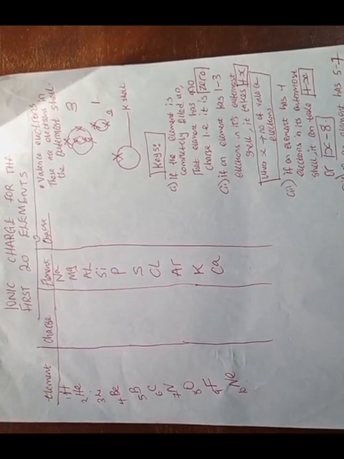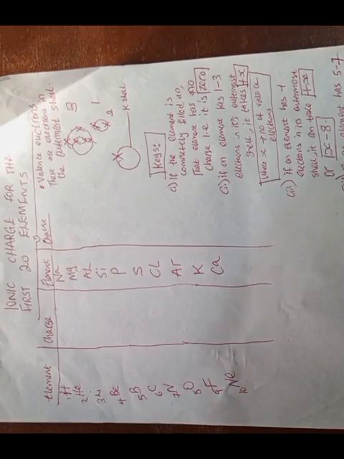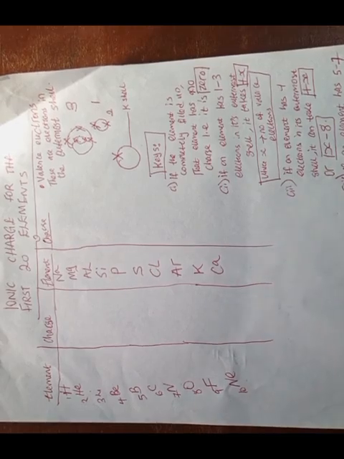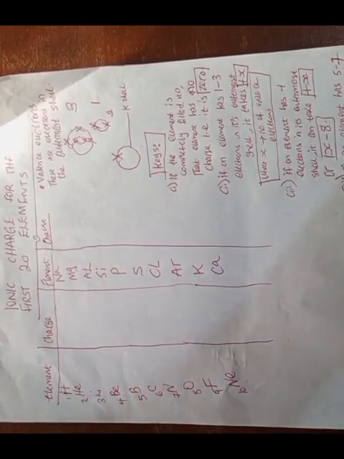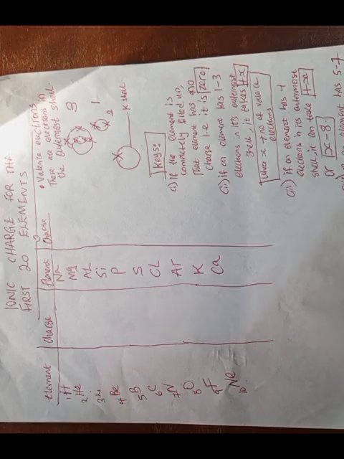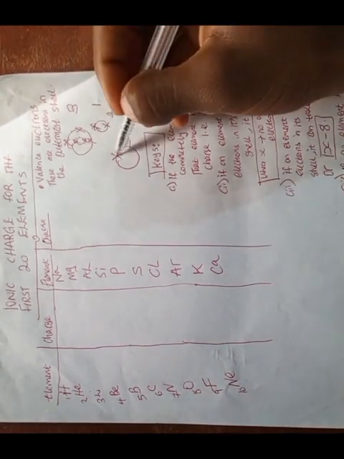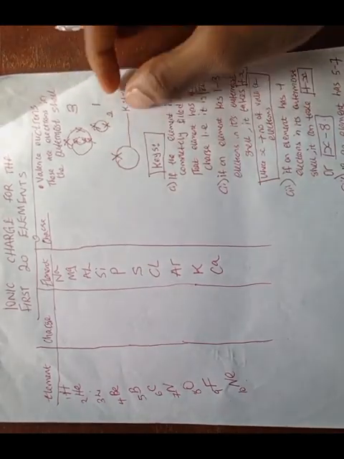Alright, now let's start. Now I said if an element is completely filled up, that element has no charge. That means the charge is 0. So for some elements, when we draw the structure and the electrons, the shell seems to be completely filled up, you already know automatically that element has a charge of 0. Are we together? So let's start with hydrogen. Hydrogen and helium can only be contained in the K shell.